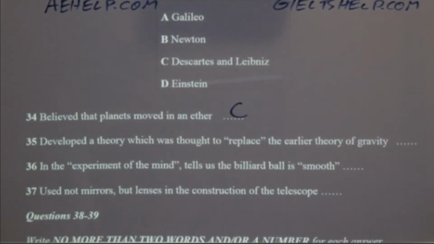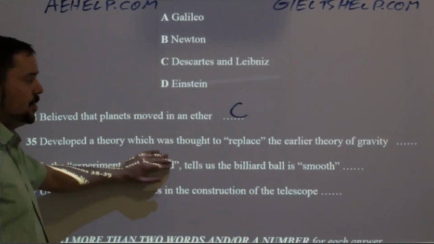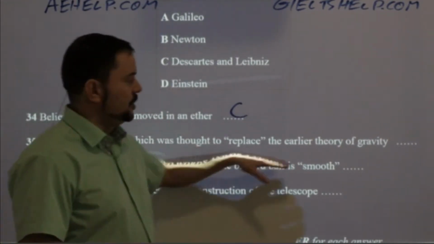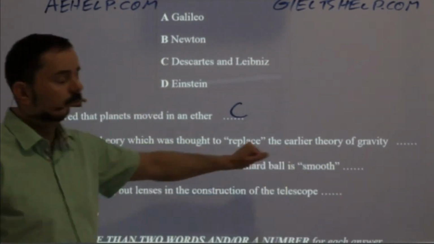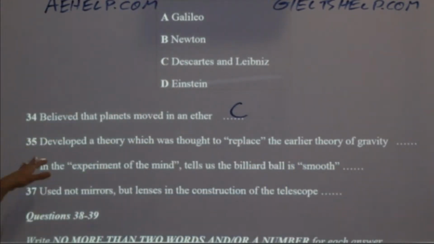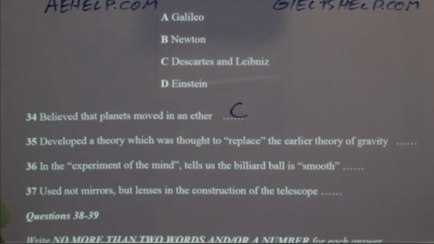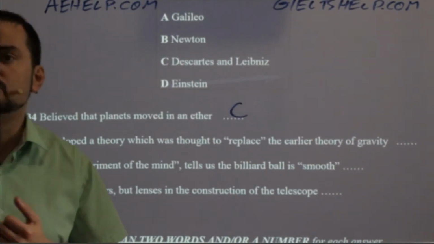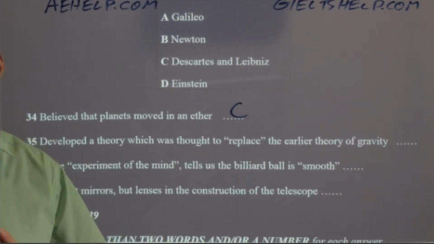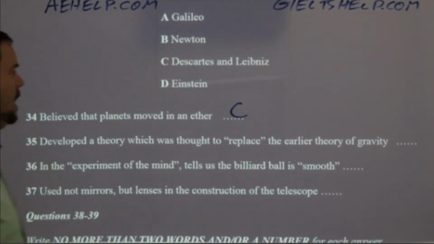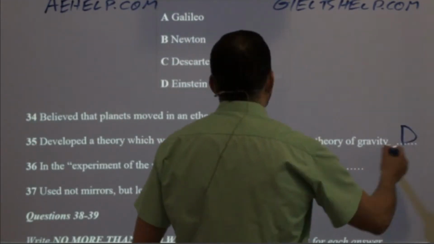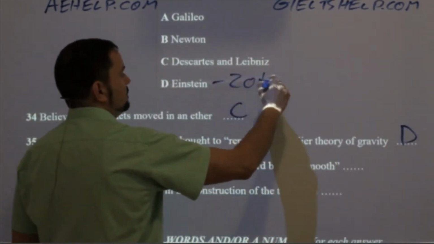Okay. And then 35, developed a theory which was thought to replace the earlier theory of gravity. Now, if you're using some logic here, you could figure this one out for number 35, even if you missed it. So 35, I believe Sunny Kunwar is saying it's got to be D. Honey agrees, yeah. Einstein's 20th century.